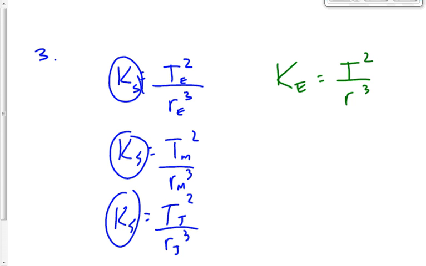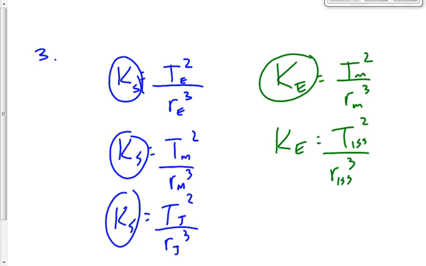It might be the period of the moon squared over the radius of revolution of the moon cubed, or it might be T of the International Space Station squared over R of the International Space Station cubed. So K_E will be the same as K_E. It'll be different than K_S. We can solve for K_E or K_S using data for anything revolving around that object, K_E or K_S. All right?